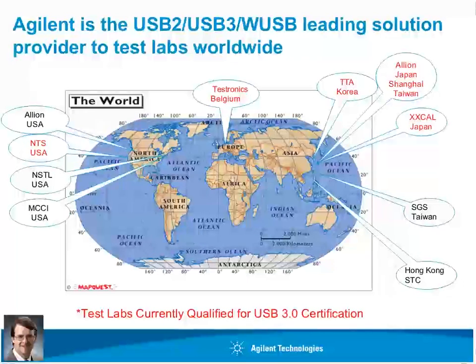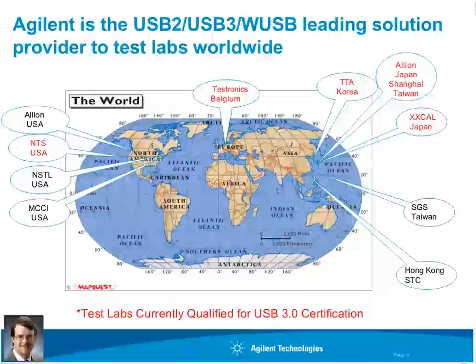As I mentioned, you can certify your products at workshops, but also test labs are enabled now for certification of USB 3.0. This shows you a geographic map of the test lab locations and which ones are currently qualified for USB 3.0 certification. So you have NTS based on the West Coast in the U.S. They can do full USB 2 certification as well as USB 3.0 device certification.